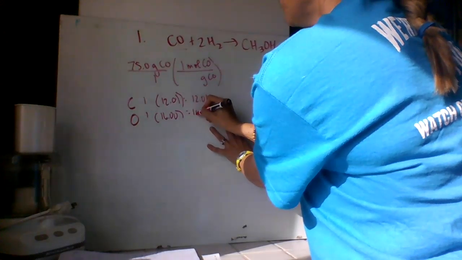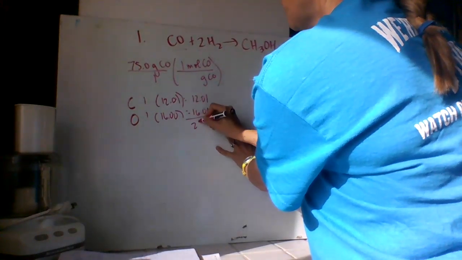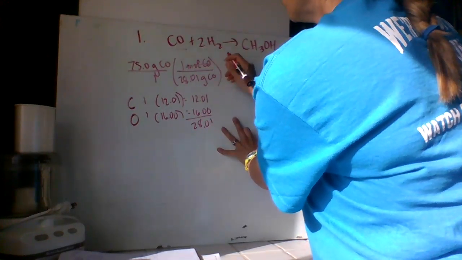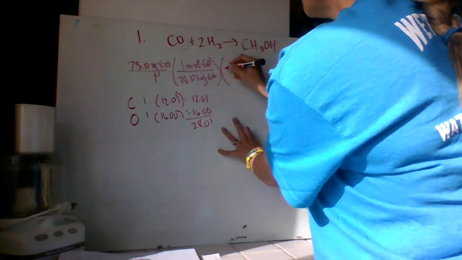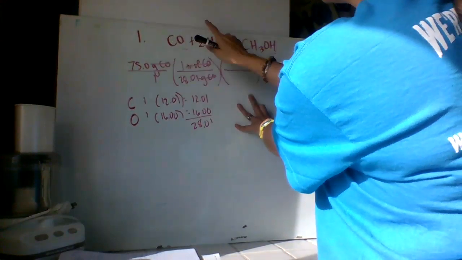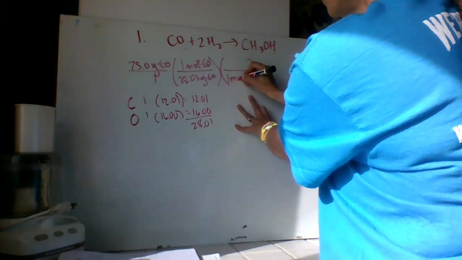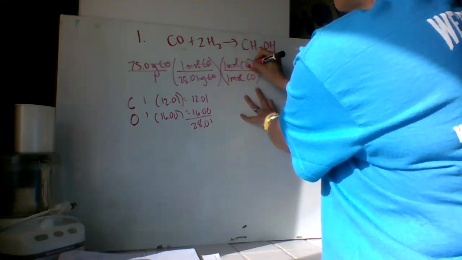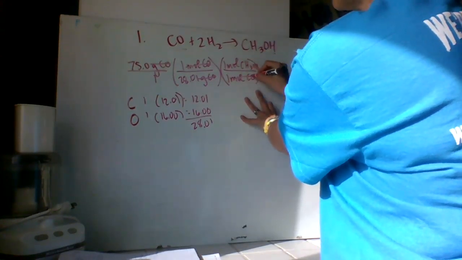So just one of each, and you add that up to get 28.01. Oops, I shouldn't have crossed that out yet, because now we have to use mole ratios. 1 and 1. So 1 mole of carbon monoxide would create 1 mole of CH3OH.